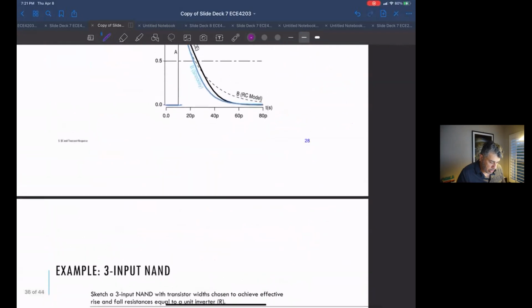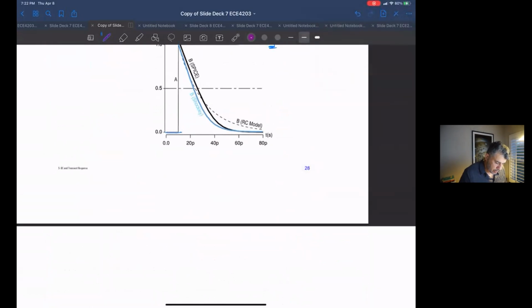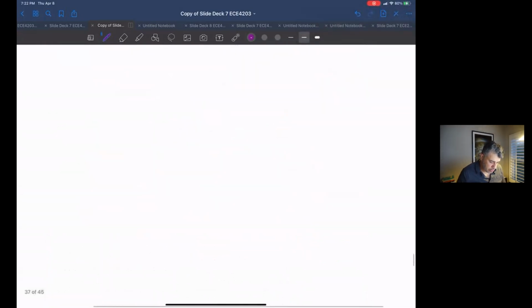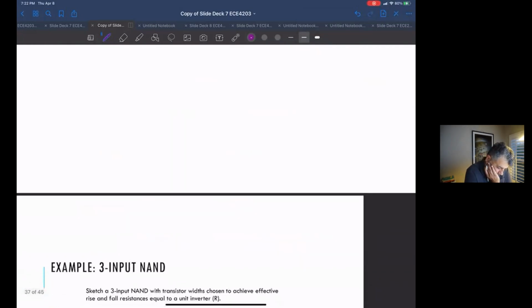Okay, so let's do a simple example here. We want to do a 3-input NAND, with transistors chosen to achieve effective rise and fall resistance equal to a unit inverter.